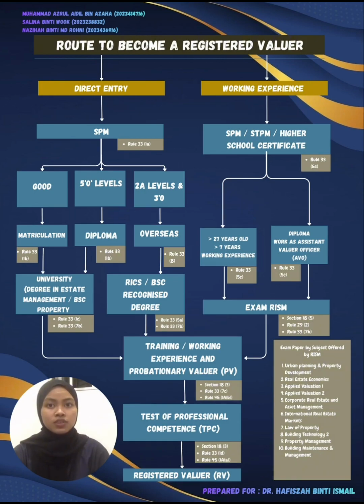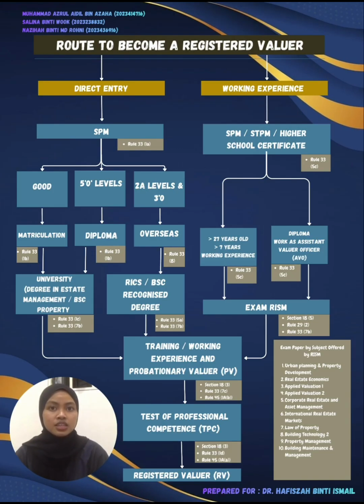Next, for overseas graduates, the direct entry route is regulated by the Board of Valuers, Appraisers, Estate Agents and Property Managers to ensure academic equivalency and professional standard. Candidates must first pass the first exam requiring 2 A-levels with grade 3.0 or SPM.